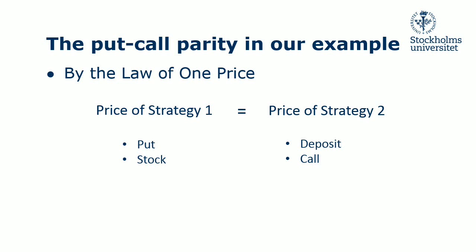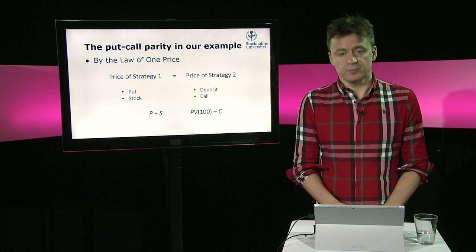What is the price of strategy 1 then? Well, that price is the price of the put plus the price of the stock, P plus S. And what is the price of strategy 2? Well, the price of strategy 2, which contains a deposit in the bank for the present value of 100, is nothing but the present value of 100 plus the other purchase that it contains, which is the call, plus the price of the call.